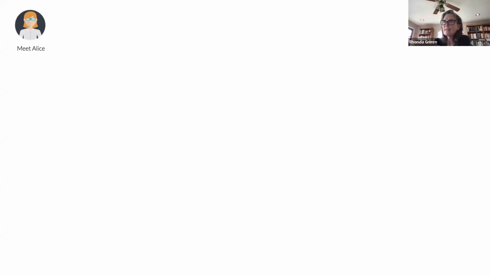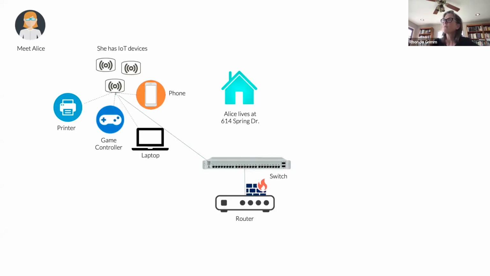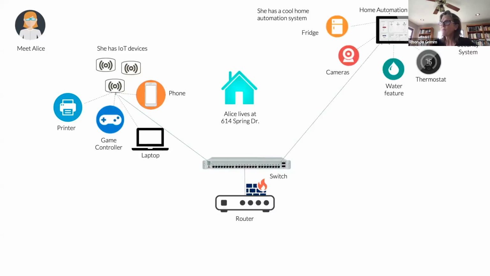So here's Alice, and Alice lives on Spring Drive, and Alice has a ton of IoT devices. She's got a phone, gaming stuff, printers, laptops. And some of those devices connect to a switch, which connects to a router. She also has a cool automation system. She's got the sprinklers, the thermostat, the cameras.